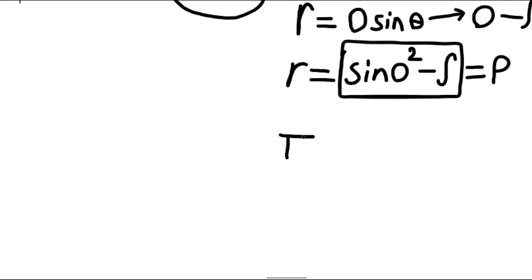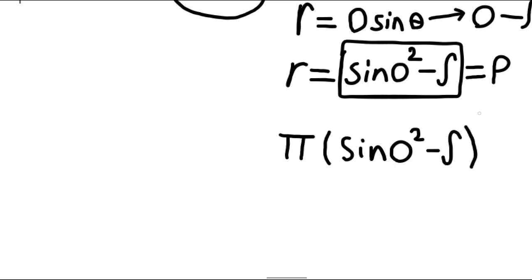So pi times p, which is just sine of 0 squared minus integral, and then square that. So let's plug in with our calculators. We're going to do second caret for pi, and this is on a TI-84 Plus CE calculator if you want to follow along.